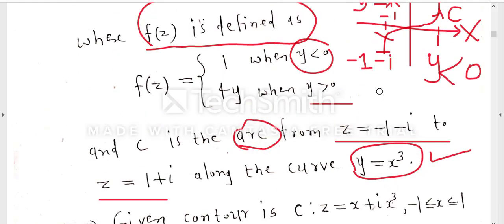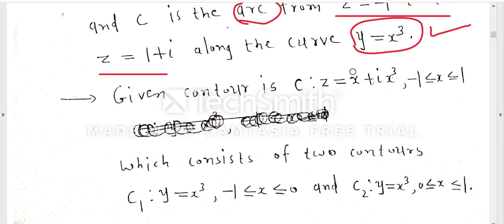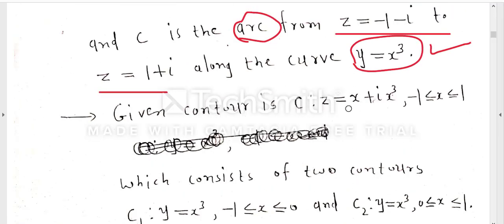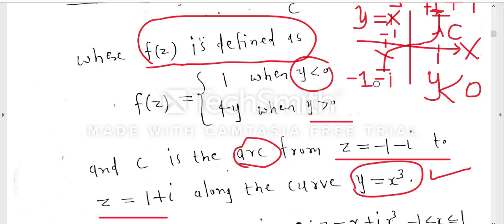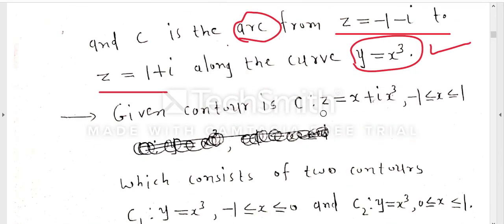So we consider two subparts of this curve. The given contour is z equal to x plus i x cube. We have converted it in terms of the x variable, along the curve y equal to x cube.